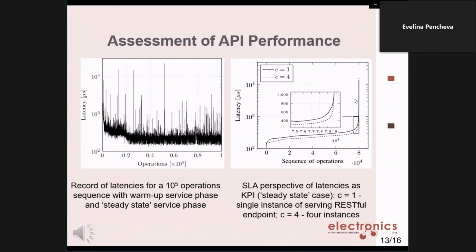Should this effect have to be taken into consideration when a service level agreement is prepared, then it has to be described separately, but the rest of the results presented are about the so-called steady state. The figure on the right depicts the steady state of latency as an ingredient of the service level agreement, and the focus is set on the worst case part as a limiting factor for the latency budget of the service.